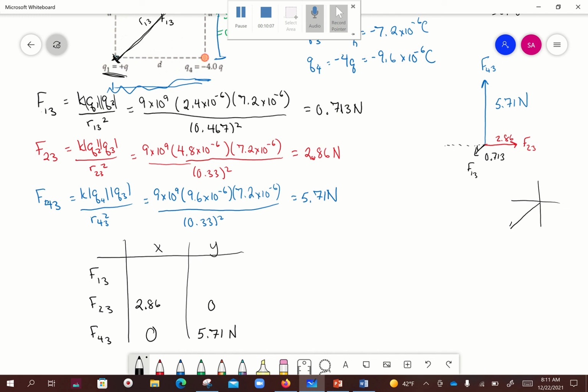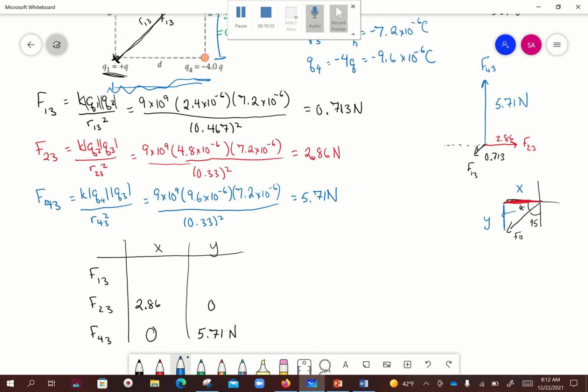So there's my F13 going down like this. What's the angle? Well, the diagonal of a square, I keep saying triangle, is at 45 degrees. So if I want to find my X and Y components, let me draw them in different colors here. All right, so this is my Y component, that's my X component.